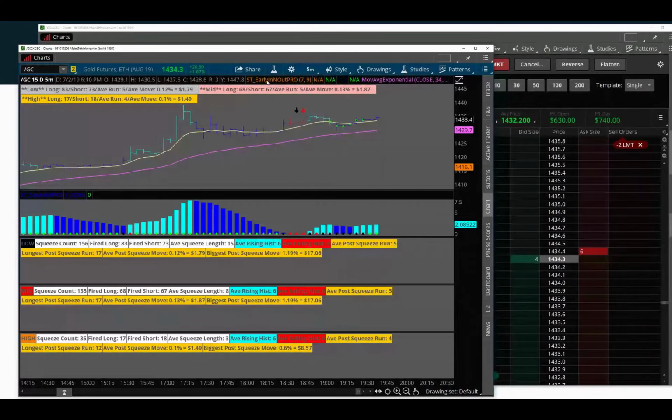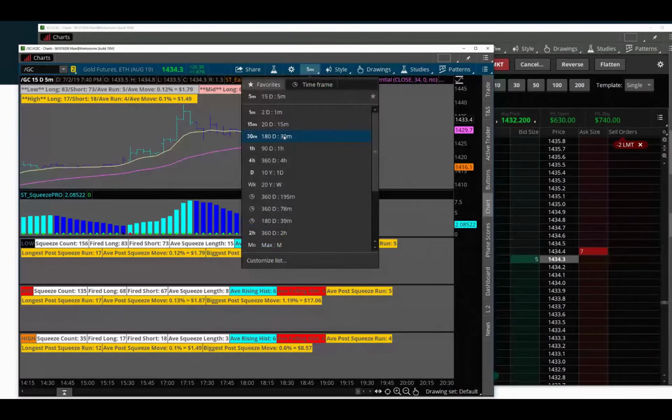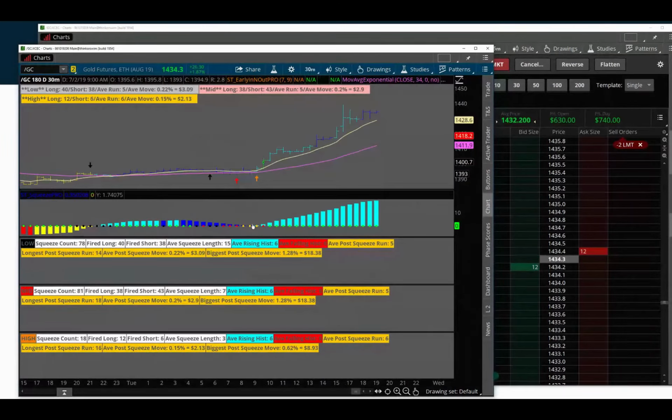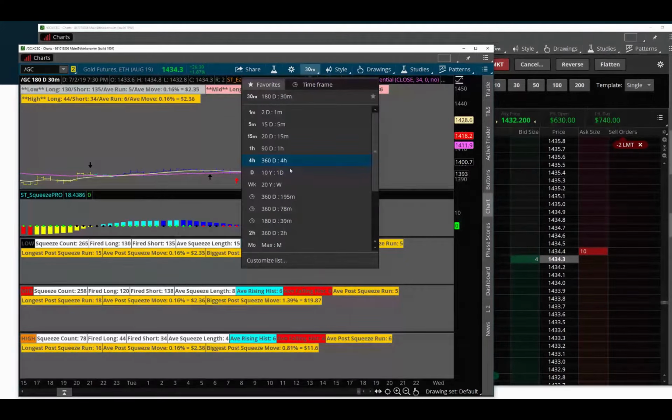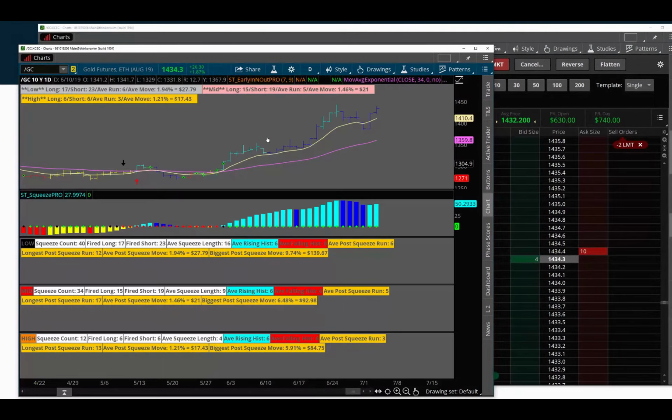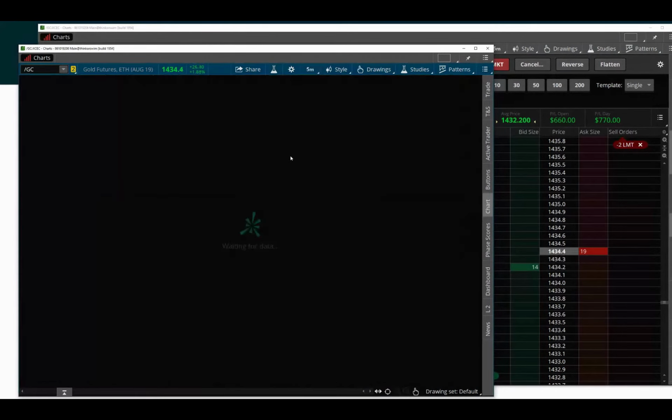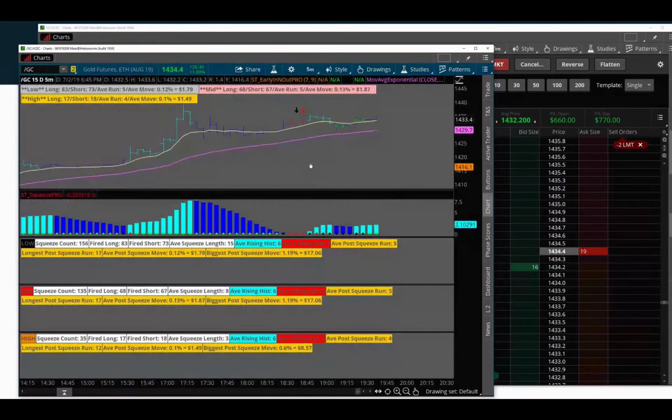If we were looking at a 30-minute chart and we had a squeeze on a 30-minute chart, which we don't have, but you can see like, oh man, the average move on a 30-minute chart is about $2.50. Obviously, if we were looking at a daily chart, the average squeeze is going to be like $29, $32. So the nice thing about this, and again, I'll talk more about this tool as we get there, is it kind of gives you some expectations of what makes sense.